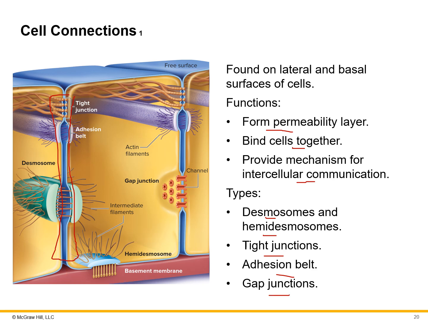And these are highlighted here. So we have here the gap junctions. As you can see, there's literally a pore or a hole that goes between these two cells that allows for that intracellular communication. We have also these tight junctions, so it's more kind of like they're stapled together.